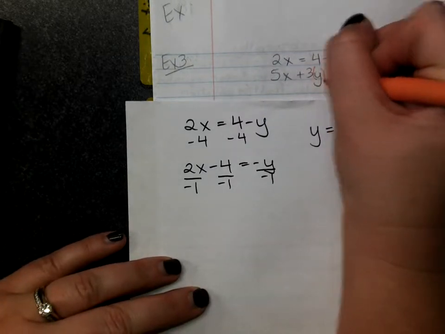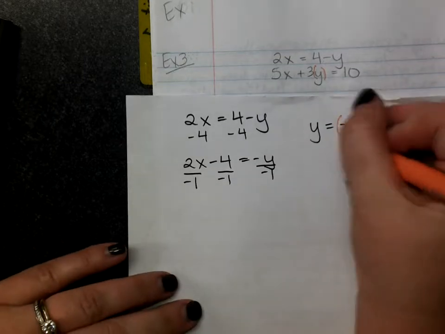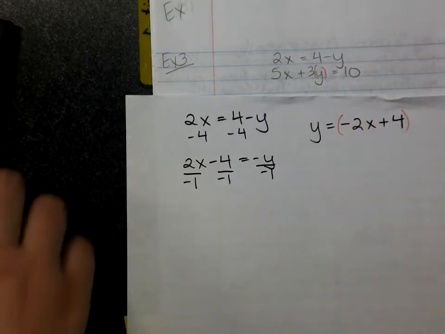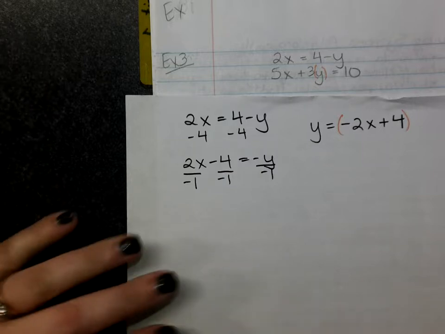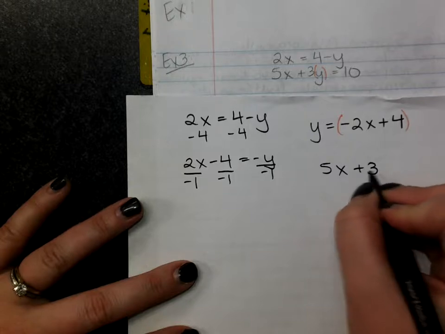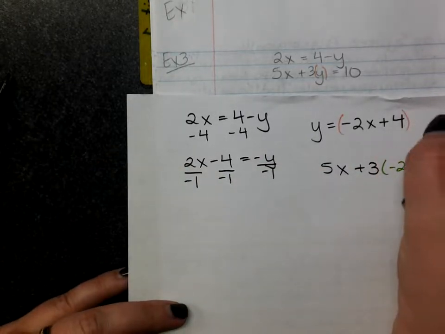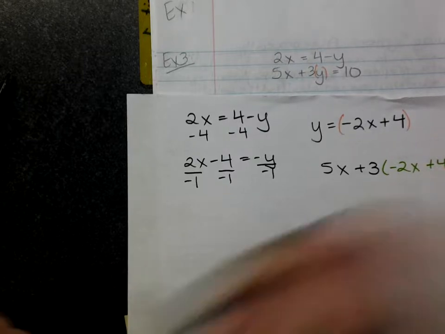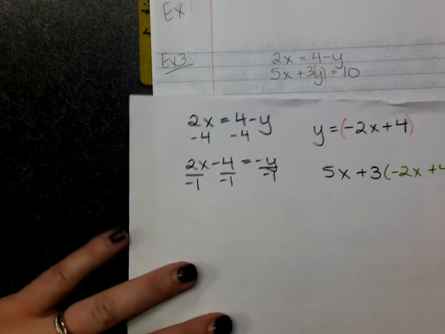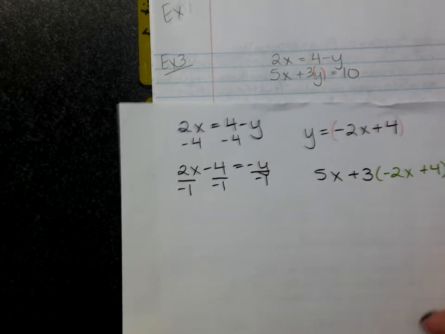So I'm going to take the y out of the second equation and put in what it's equivalent to, negative 2x plus 4. So for the second equation, that would be 5x plus 3, and then I'm going to replace y with negative 2x plus 4. Parentheses are extremely important on these so that you don't miss any signs or distributing, equals 10.